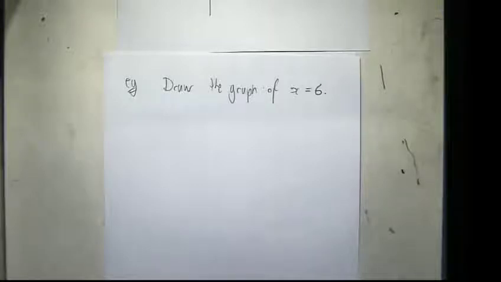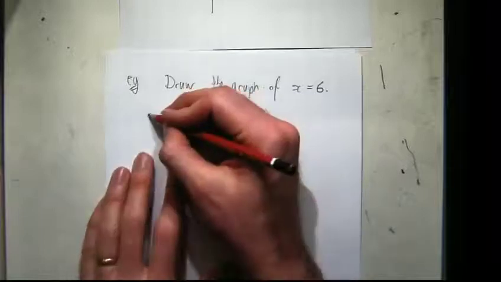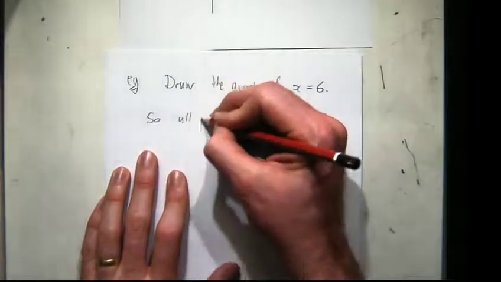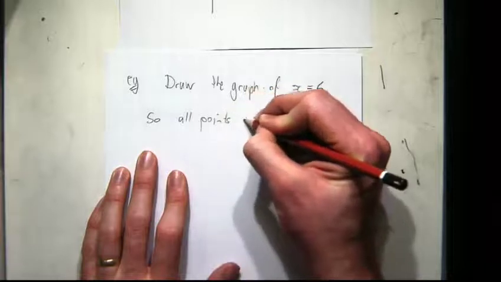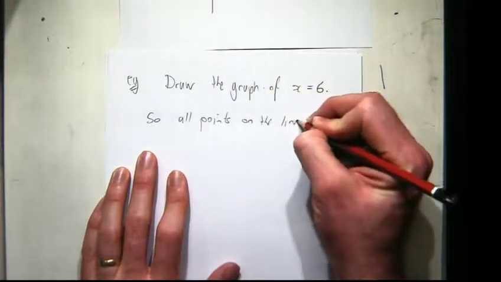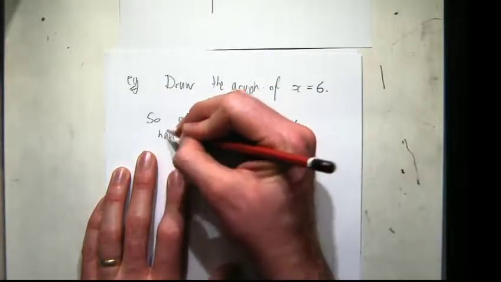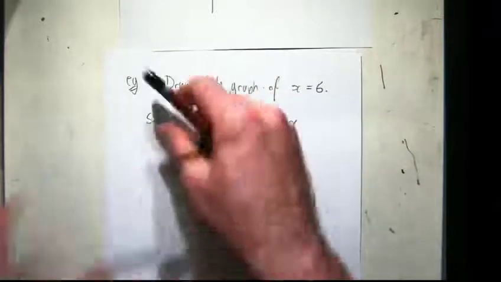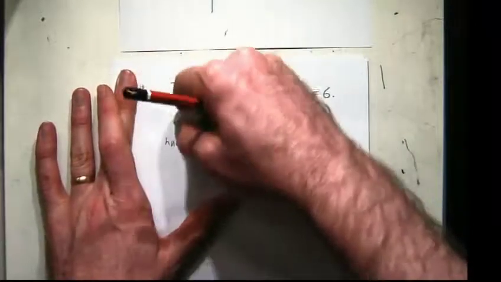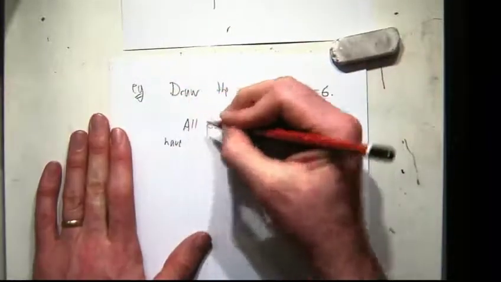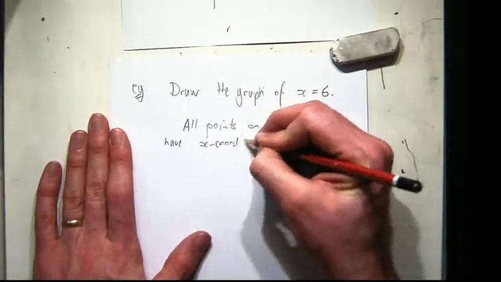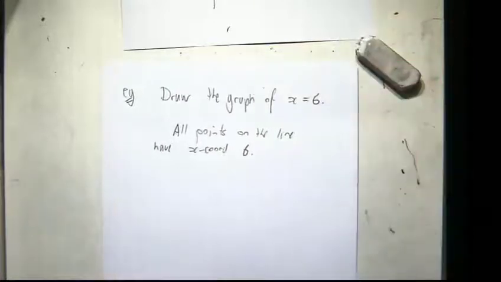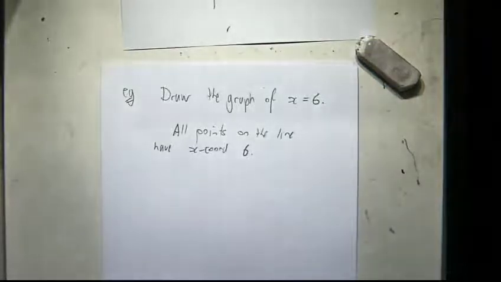If x equals 6, then that means that it's made of points whose x-coordinates are 6. I can't start it with so. That's not good grammar. All points on the line have x-coordinate 6. There's (6, 0), (6, 1), (6, 2), (6, 3), (6, -1), (6, -1.7).